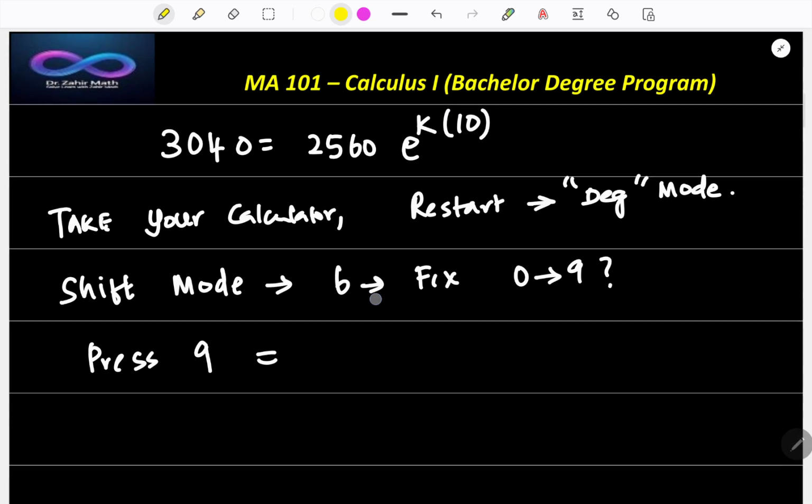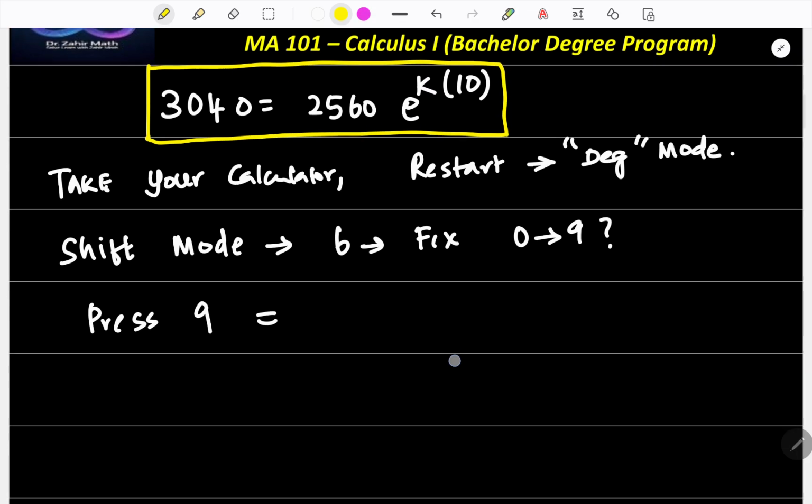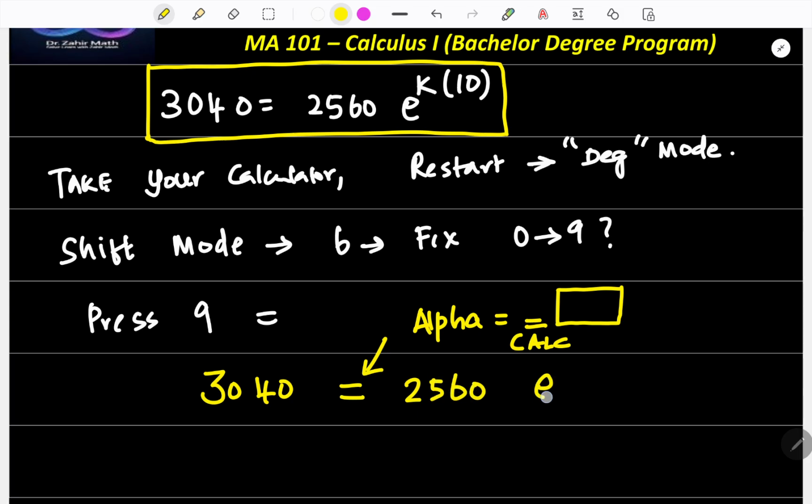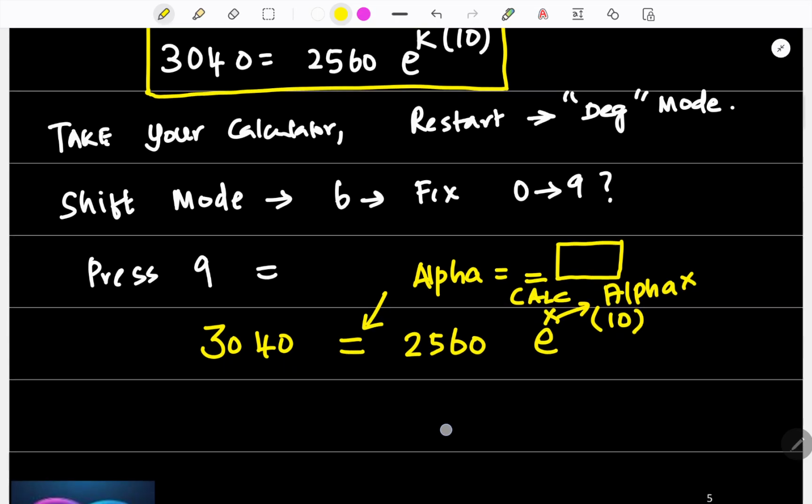Now please type this equation. How to type? 3040. For the equal, you should use alpha equal, which is in pink on top of the CALC button. So use alpha equal 2560 e power, then use x, which is alpha x, then bracket 10 bracket close.